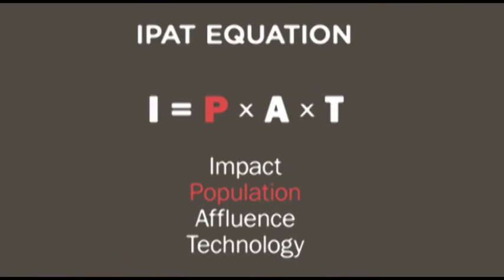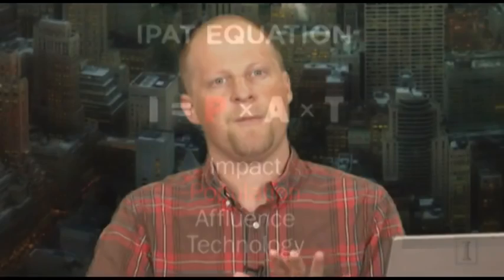The IPAT equation makes us think that consumption and population are always wrong, whereas in reality, while they may have a negative impact on the environment, in and of themselves, they are positive things. And we should also be aware that not all consumption is equal. A lot of the modern goods that we purchase have less impact on the environment than goods we purchased in the past. A good example is books.